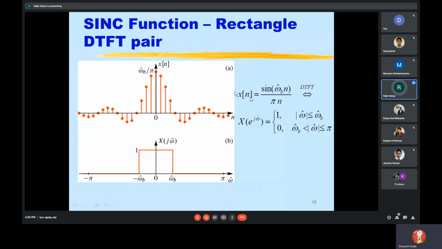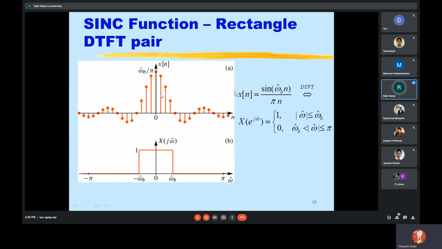Okay, so now let us come to the sinc function. The sinc function and the rect function are a DTFT pair. All this you would have studied in your signals and systems course, but this is just for the sake of revision. If you see here, the sinc function is not an absolutely summable function.